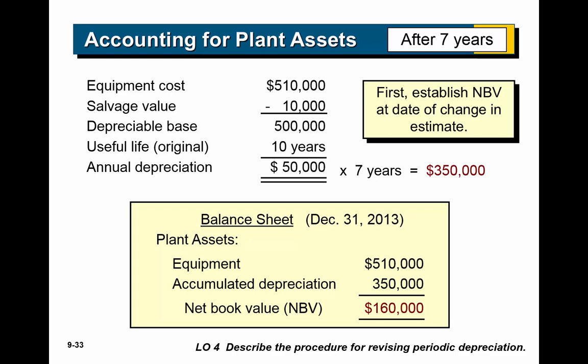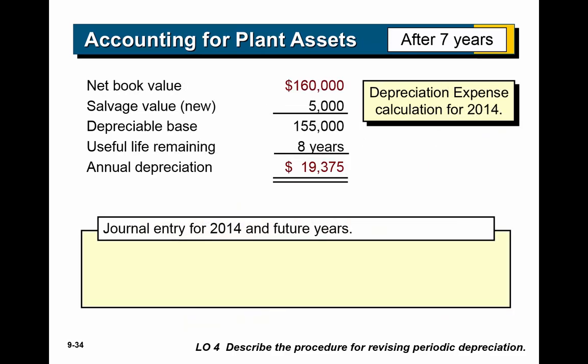So now we're saying, we used to think it only had 3 more years of life because we thought it was a 10-year asset. But now we're saying it has 8 more years of life because they're revising it to be a 15-year asset. So we take that $160,000, we subtract out the new salvage value of $5,000, giving us a depreciable value or depreciable base of $155,000.